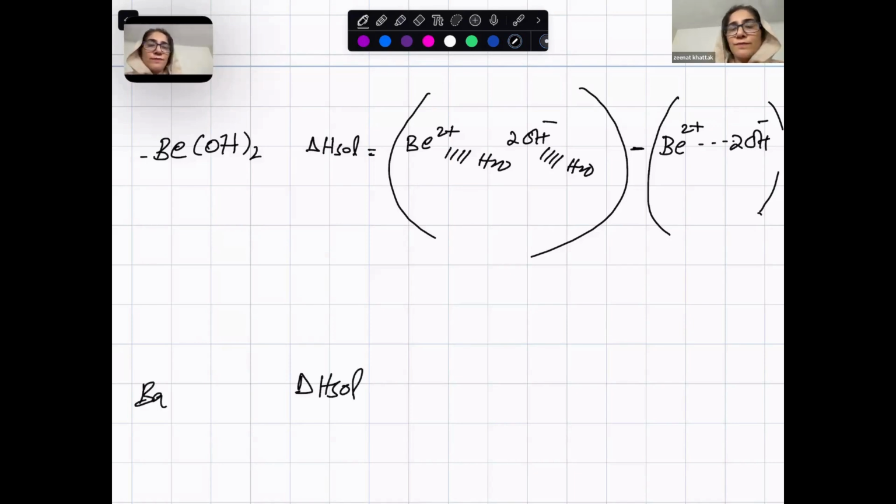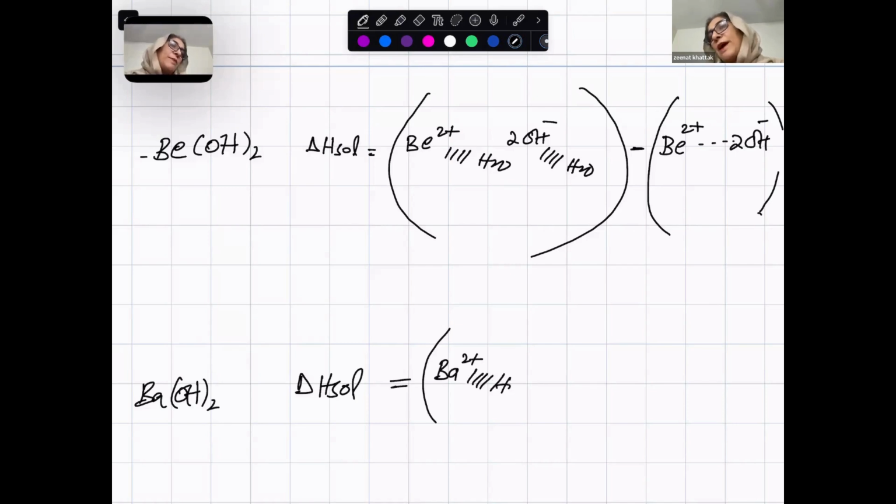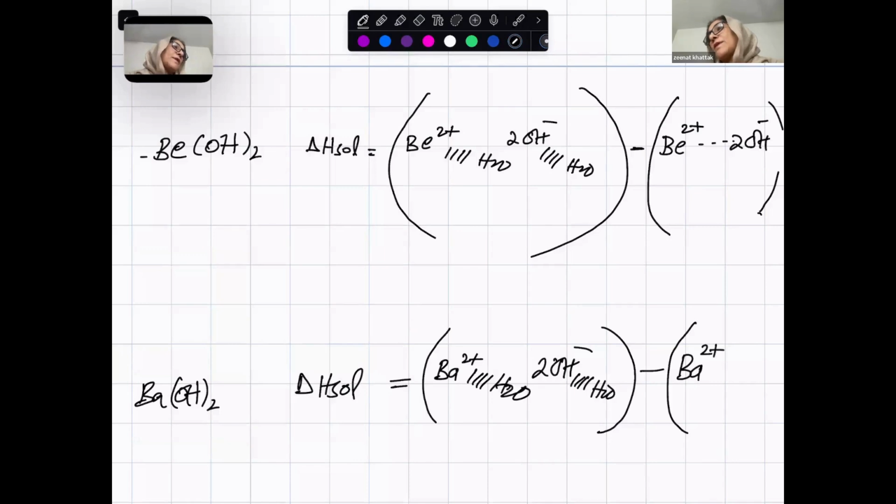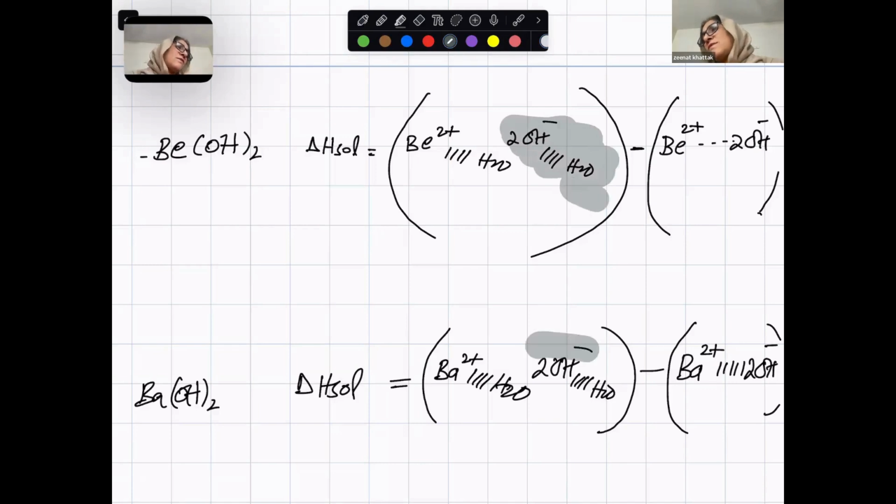For barium hydroxide, barium attracted by water, hydroxide attracted by water, barium attracted by 2-hydroxide. So is there any difference in the hydroxide?